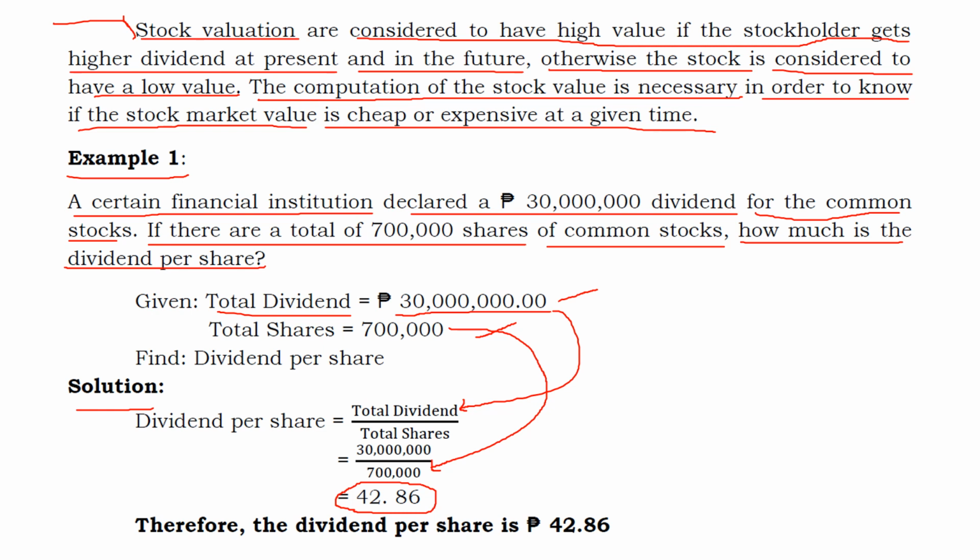So the dividend per share, upon simplifying this fraction between the total dividend and the total shares, is 42 pesos and 86 centavos. That is the final answer for the dividend per share in example number 1.